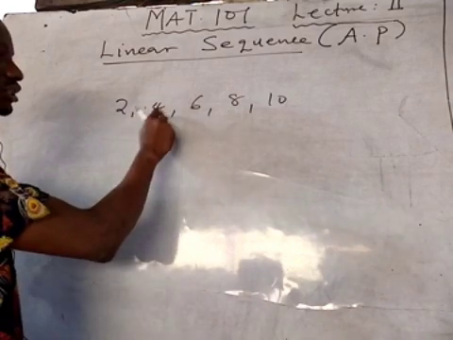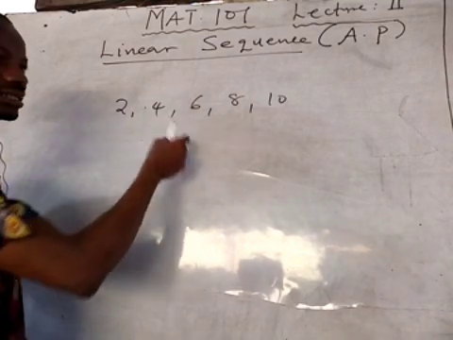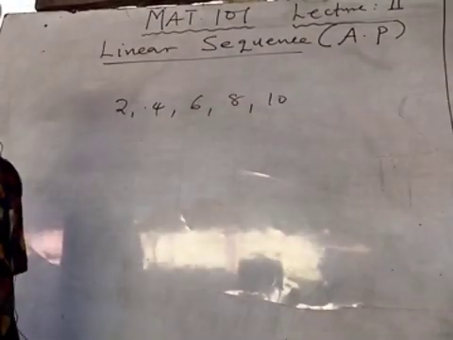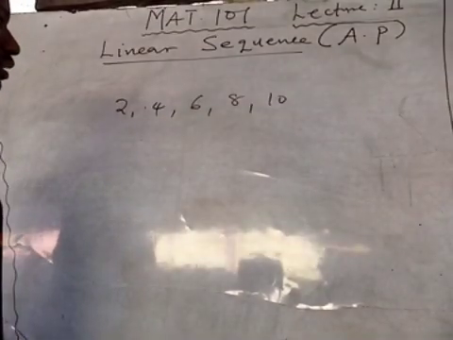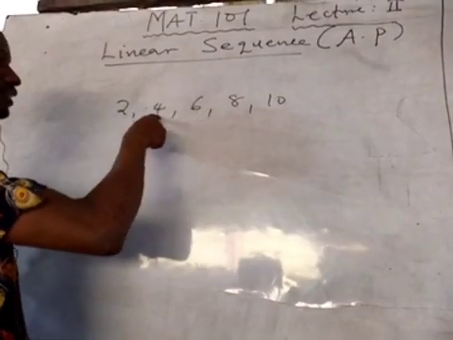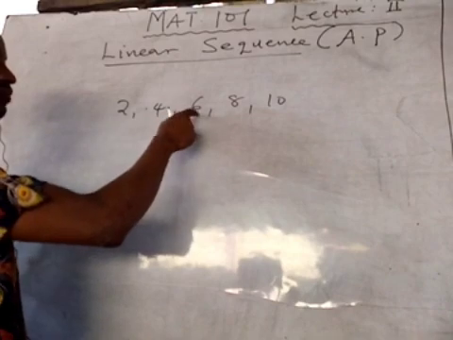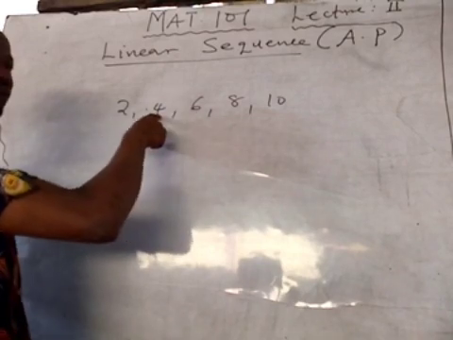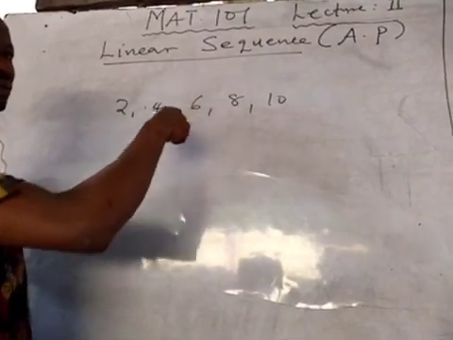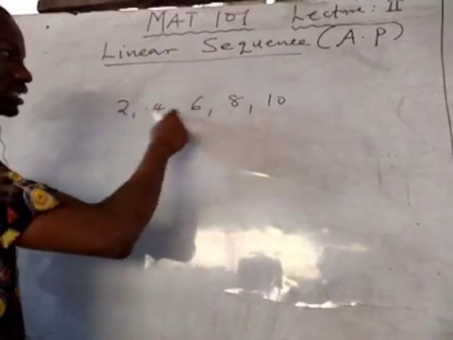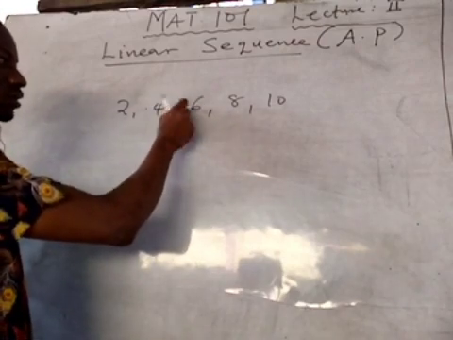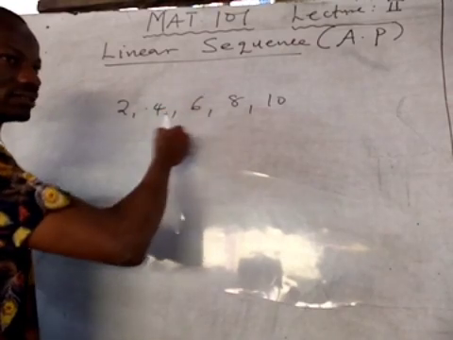It might be the existence of a common difference or the existence of a common ratio. For this sequence, 6 minus 4 gives us 2. In the same vein, 8 minus 6 gives us 2. So there is a common difference between any two consecutive successors of this sequence.